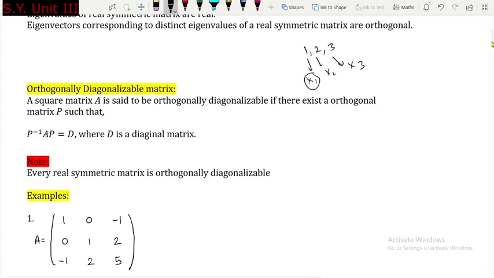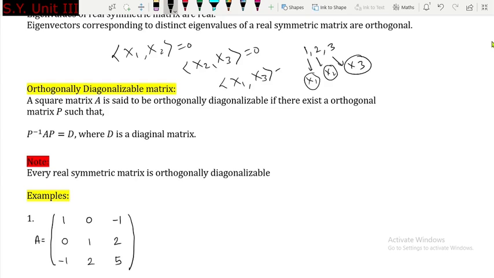All these eigenvectors will be mutually orthogonal. What do you mean by orthogonal? Two vectors are said to be orthogonal if their inner product is equal to 0. So the inner product of x1 with x2 will be 0, of x2 with x3 is going to be 0, and of x1 with x3 is also going to be 0.